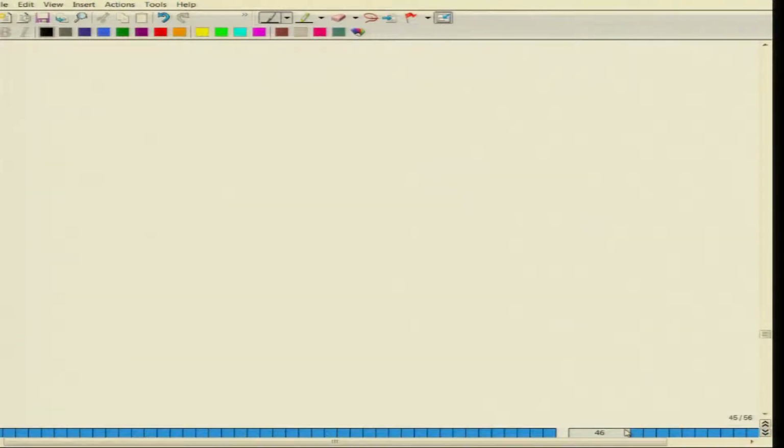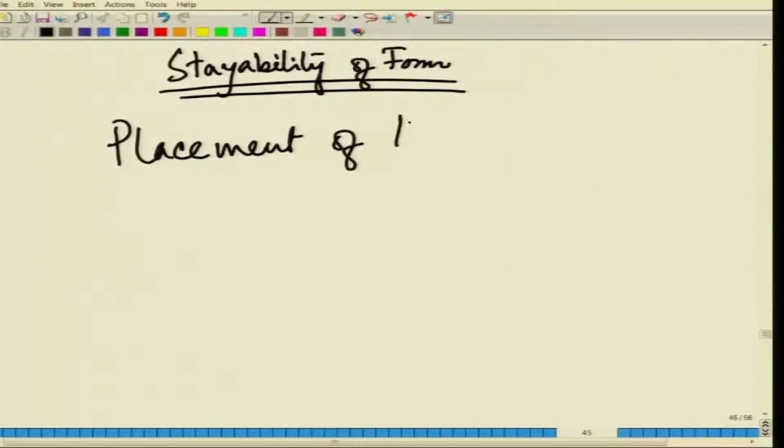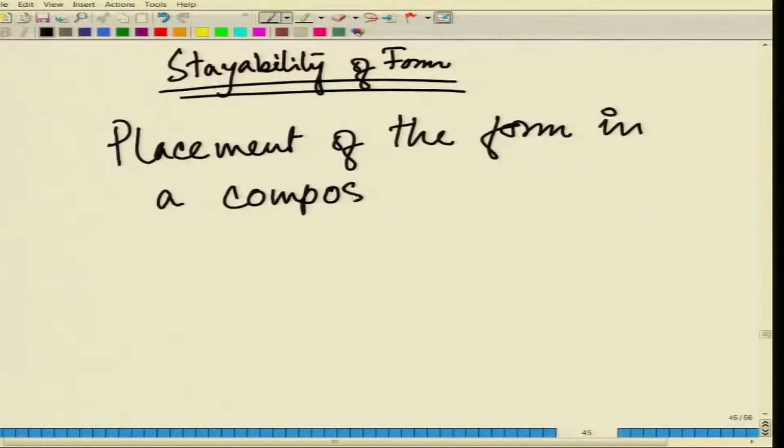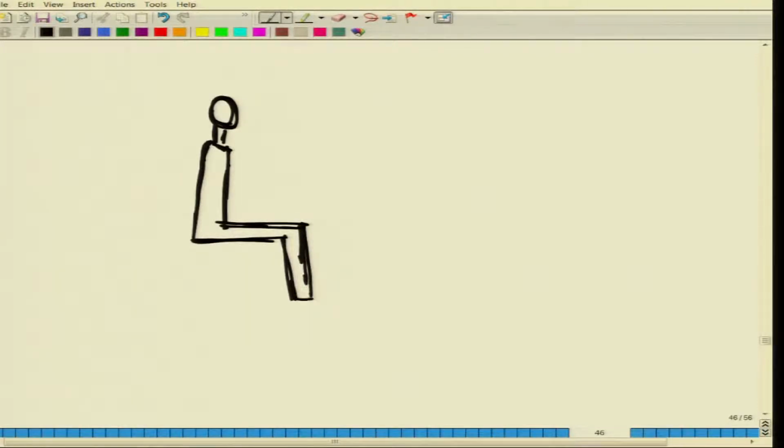So, the stability of a form is based on many other factors, like how we are placing the form in a composition, for example, if this is my composition where there are forms which is a combination of horizontal and vertical lines.